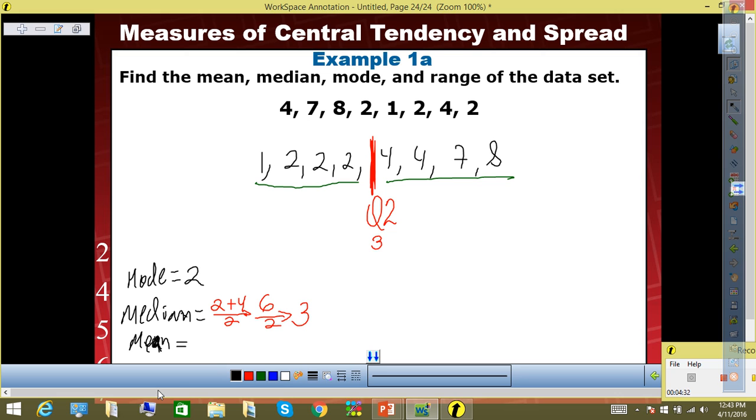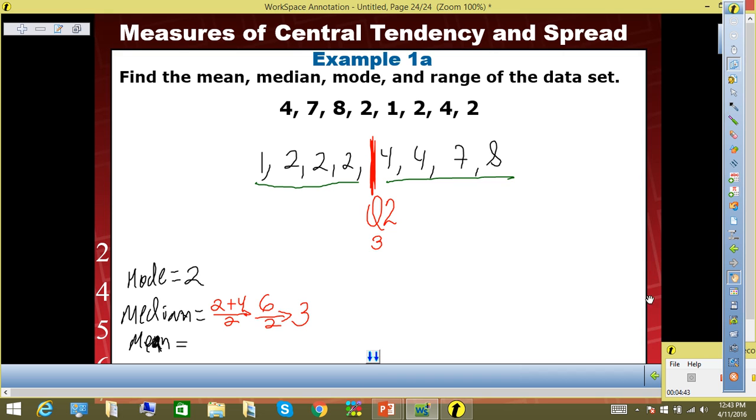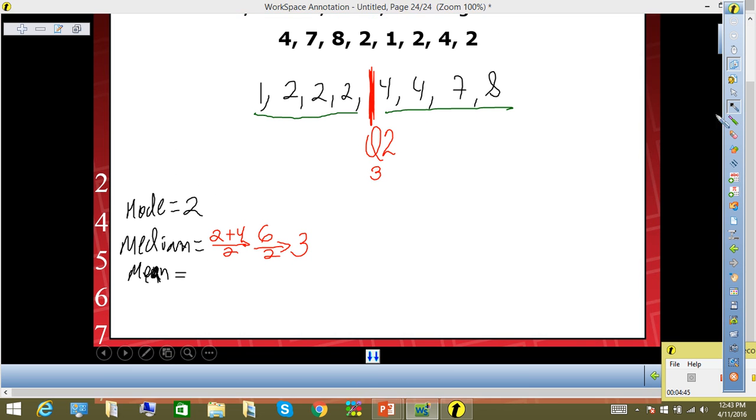Can you elaborate? How do we find our mean for this data? Go ahead, Idalis. Add up all the numbers and then divide by how many numbers there are. So what is the sum?